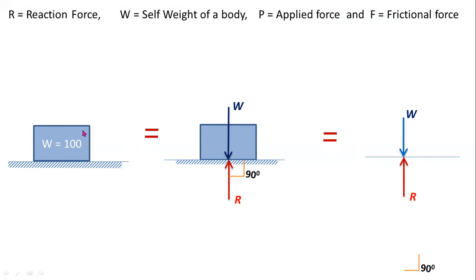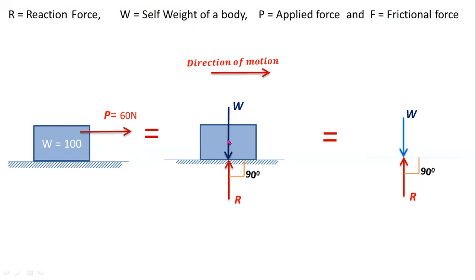Now we are applying the externally applied force P equals 60 newtons. This is a horizontal pull force. Okay, so you have to consider this pull force as it is. By applying this pull force, the direction of motion is like this.